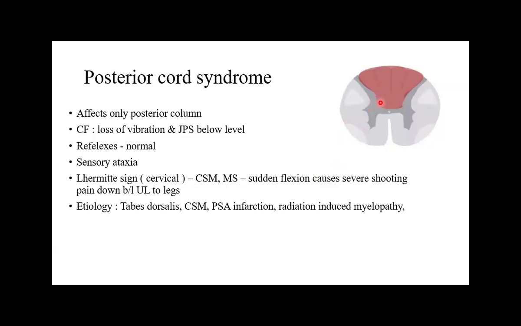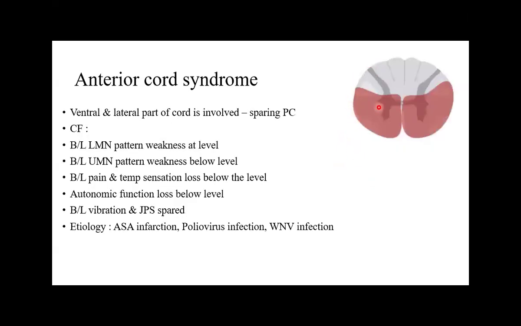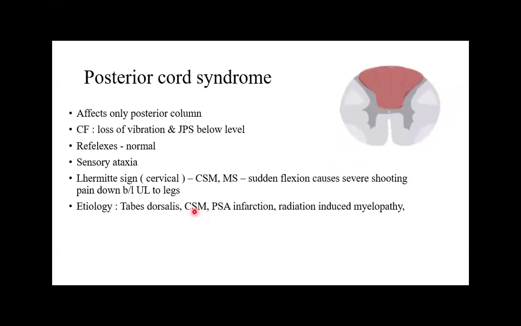Sudden flexion of the neck will cause severe shooting pain down from the bilateral upper limbs to the legs. The common etiologies are tabes dorsalis, posterior spinal artery infarction, and radiation-induced myelopathy.